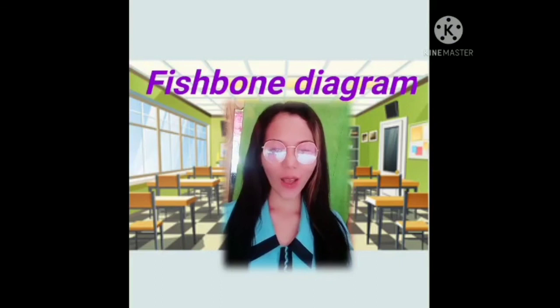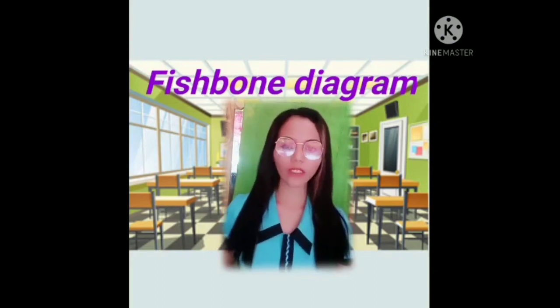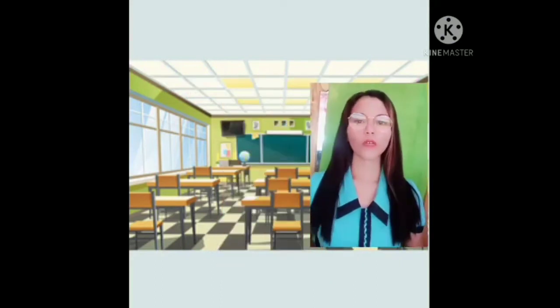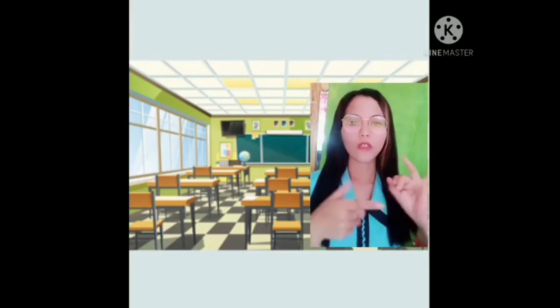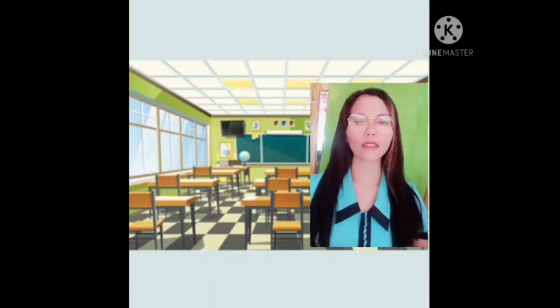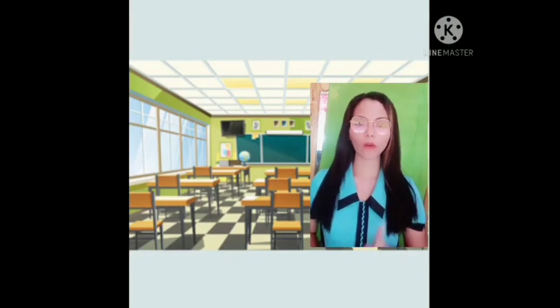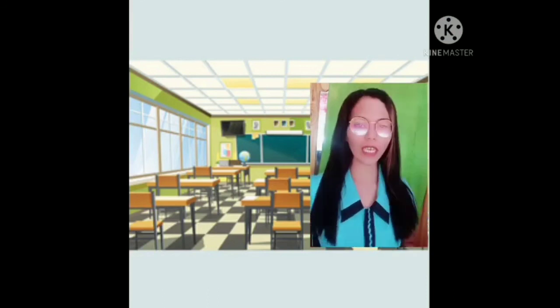Okay, very good. So, the three types of diagram are the affinity diagram, the tree diagram, and the last is the fishbone diagram. Now, let's have first the affinity diagram.